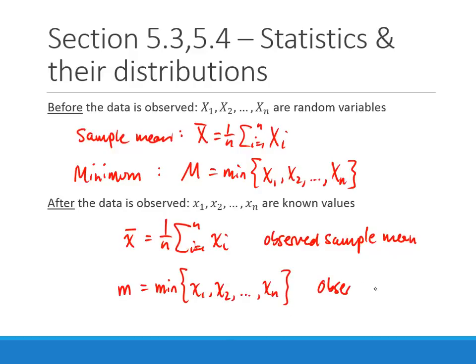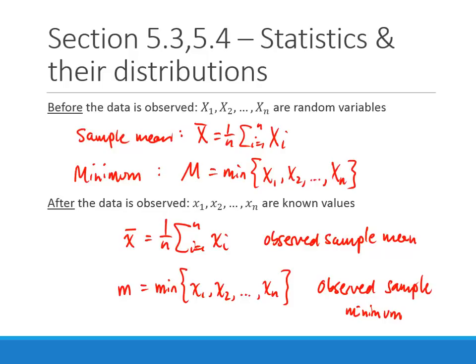It's my observed sample minimum, and so on. So the specific statistic here isn't the point. It's just that we'll try to use capital letters to denote sort of an unknown random variable, and we'll use lowercase letters to denote an observed value of those things.